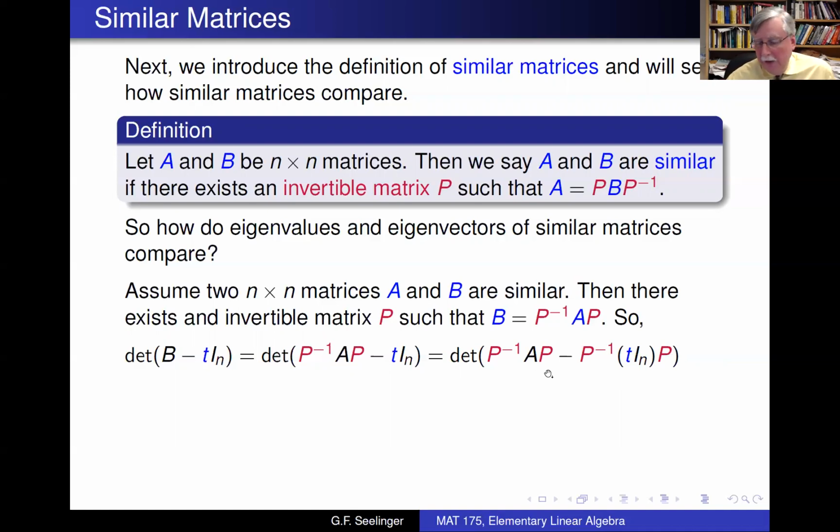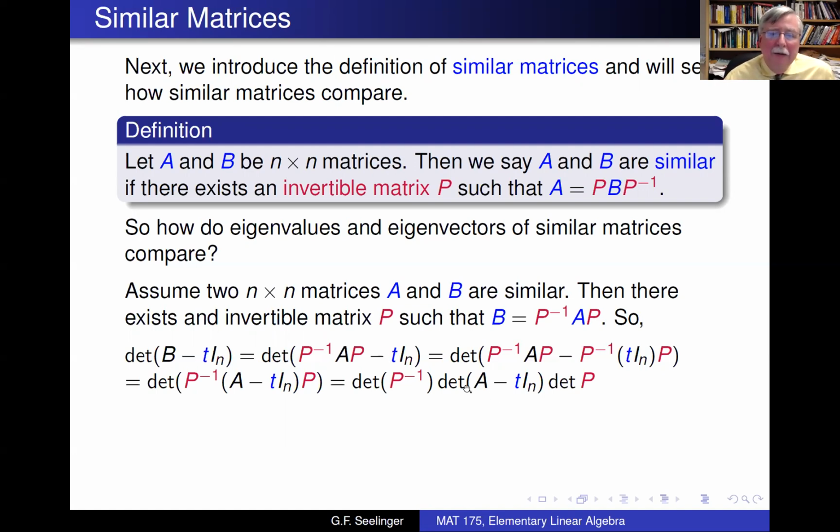The advantage of doing that is now I can factor out P inverse on the left and P on the right. The thing I know about matrices and determinants is that now I can use theorem 6 of chapter 3 and write it this way.